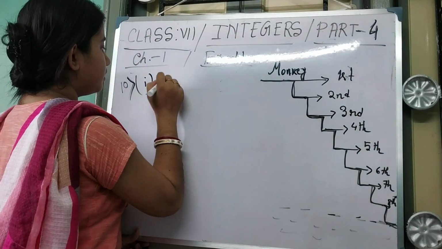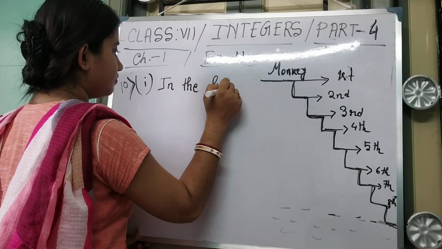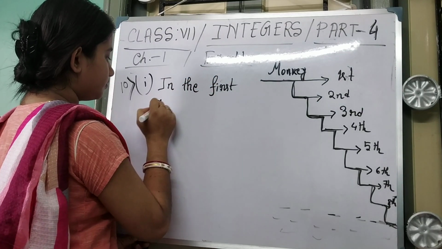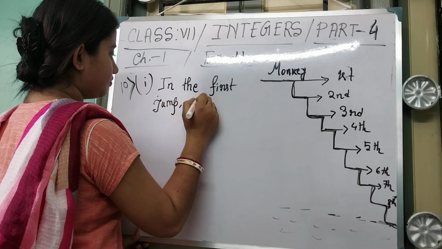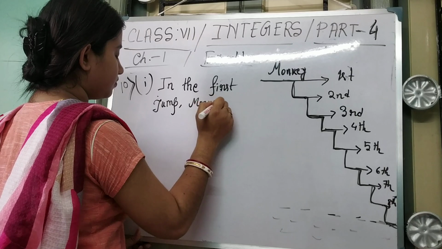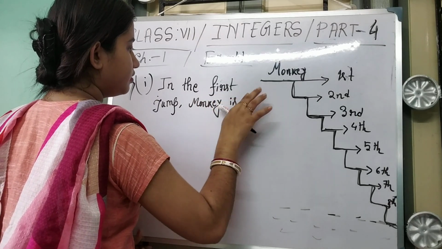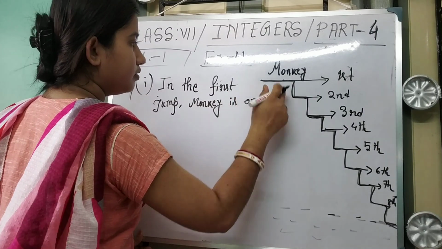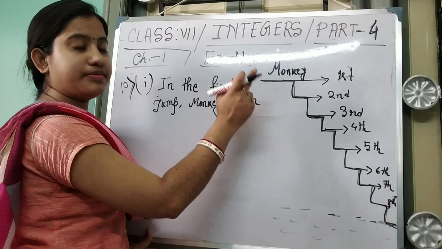So in the first jump, that means he jumps 3 steps down.